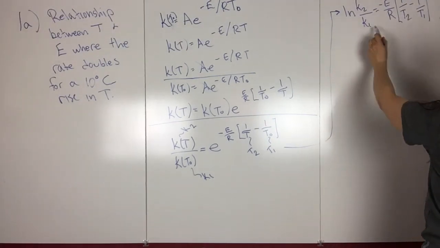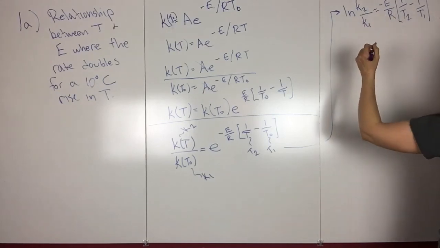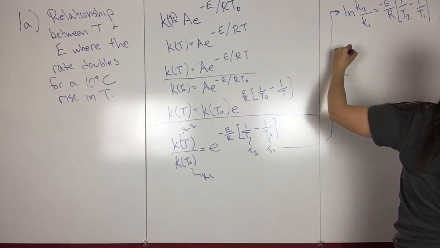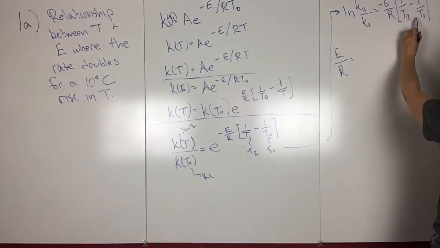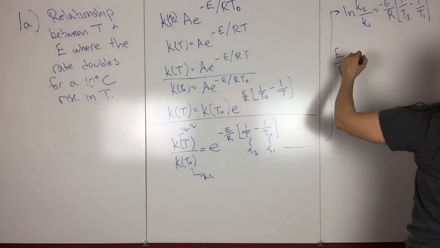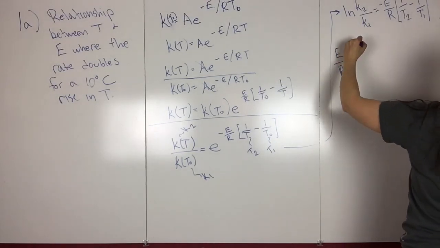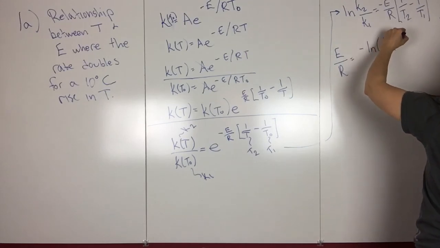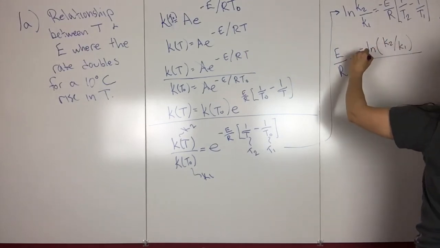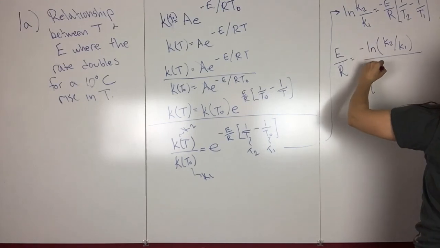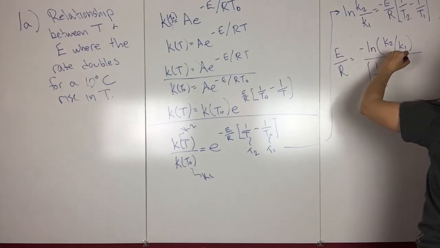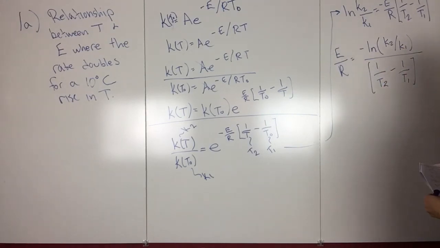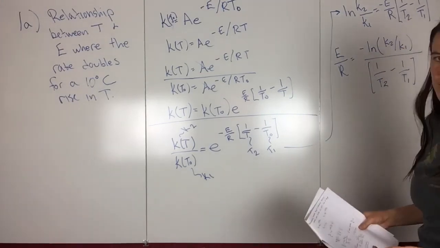And then I can rearrange this, so I want to solve for E over R. Basically I'm just dividing that over. So E over R equals minus the natural log of k2 over k1 divided by 1 over T2 minus 1 over T1.